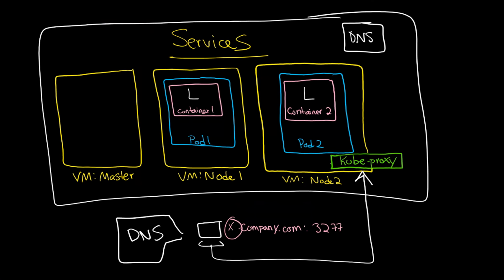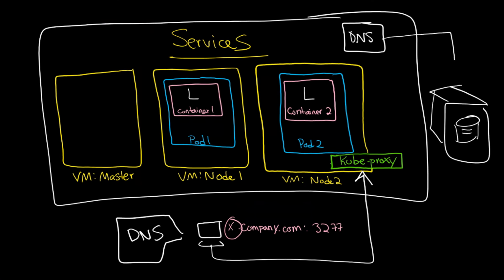So you could, in fact, reverse this. Say that you had, for example, a database running outside the cluster that you needed to have access to. If that's the case, you can create a CNAME from inside the cluster to get to the database running outside the cluster.